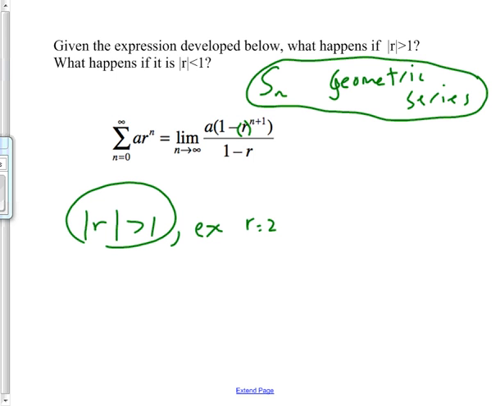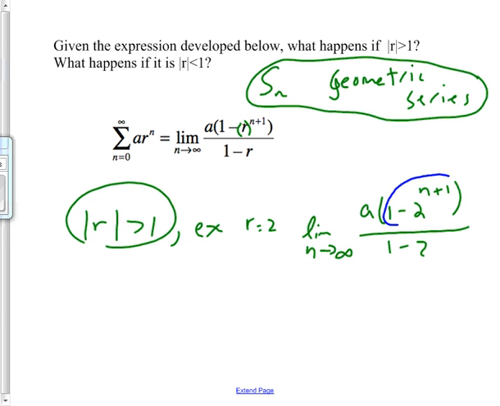If r equals a number greater than 1, for example 2, we'd have the limit as n approaches infinity of a times 1 minus 2 to the n plus 1 all over 1 minus 2. But what's going to happen, our denominator is fixed, but what's going to happen to this as n gets huge? 2 to some number, well, that's going to get hugely negative, but there's a negative down here, which is going to make the whole number positive.